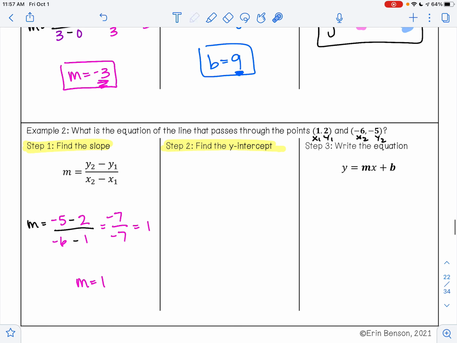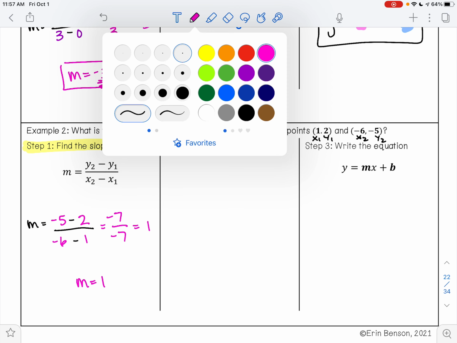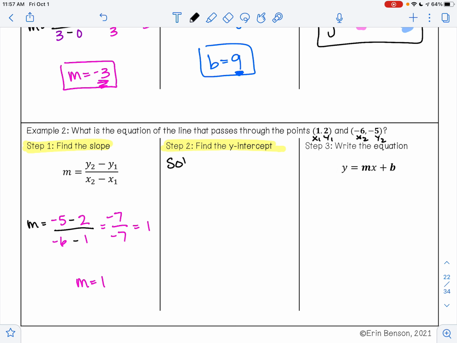When they do not give you the y-intercept, you need to solve for b. To do this, you plug into y equals mx plus b, and you pick one of the 2 points they give you. I'm going to pick this first point. So if I pick that first point, 1, 2, that tells me that x is 1 and y is 2.